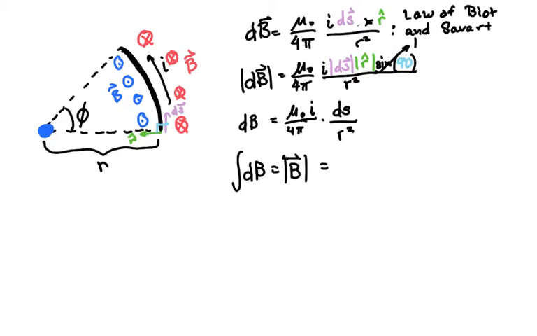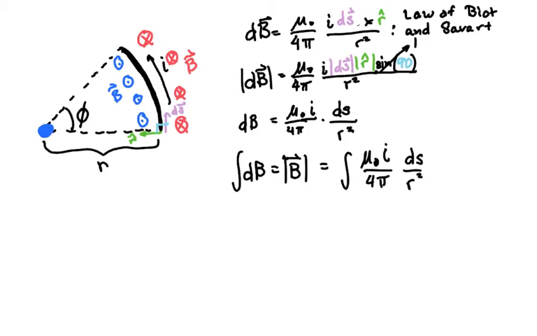And that's all equal to the integral of the permeability of free space times the current in our wire, circular arc, over 4 pi, times our differential path element divided by the distance from the center of our circular arc to the wire squared.